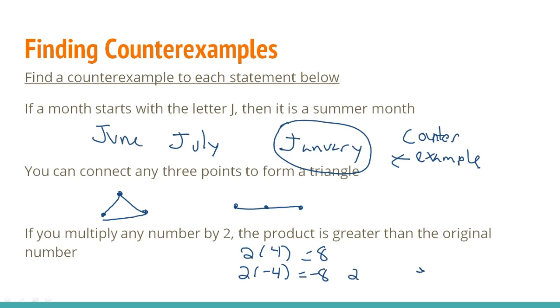And what if I had 2 times negative 6? That gives me negative 12. Well, negative 12 is not bigger than negative 8, right? Negative 12 is more negative than negative 8, so that doesn't work. So this would be one counterexample right here for us. It only takes one.